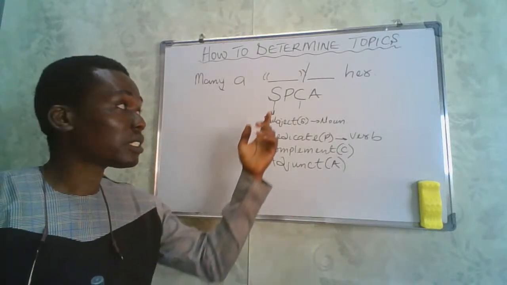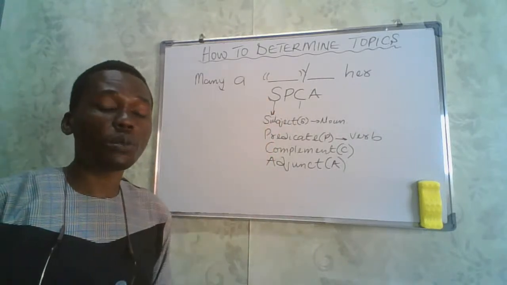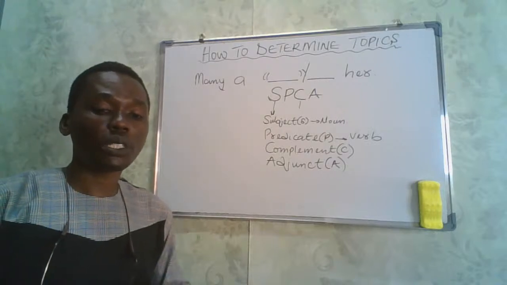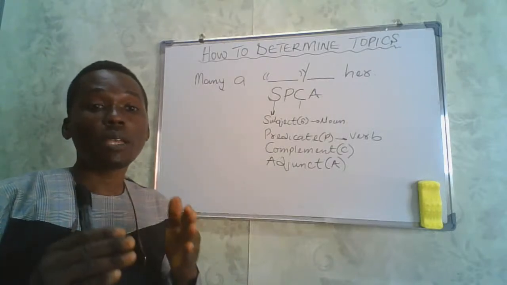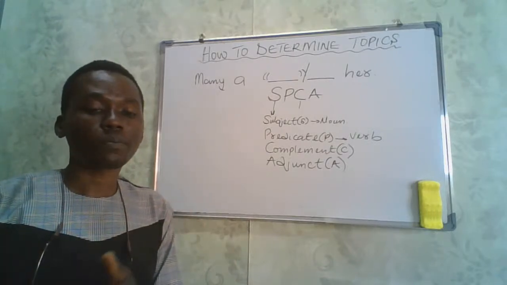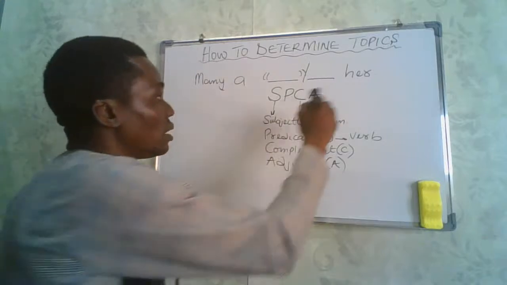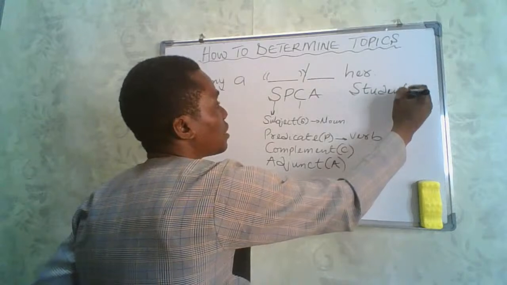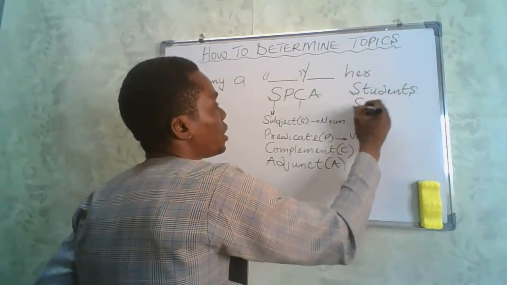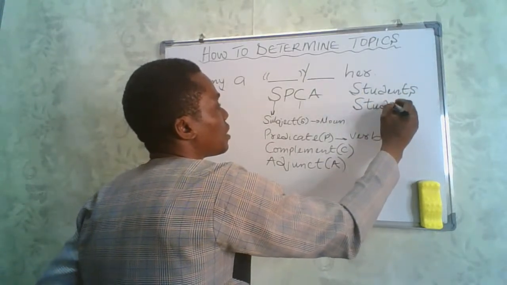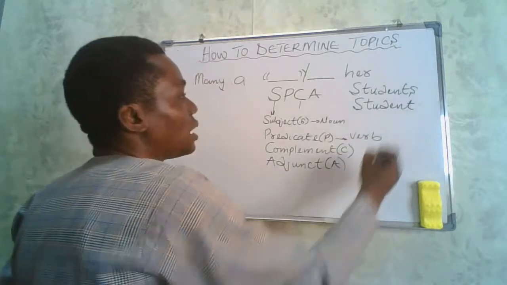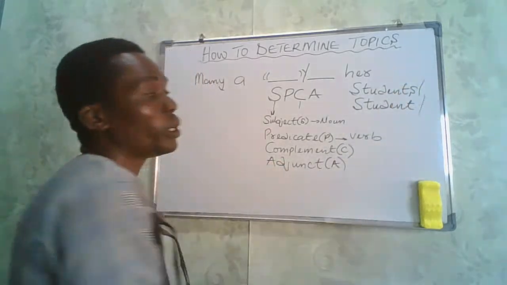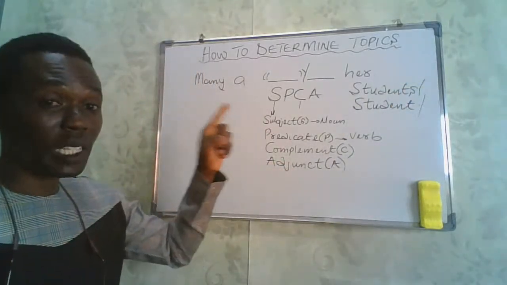Remember the options we put for those subjects in that question. We say many a student or many students. So those are the two options that were given to us in that question.